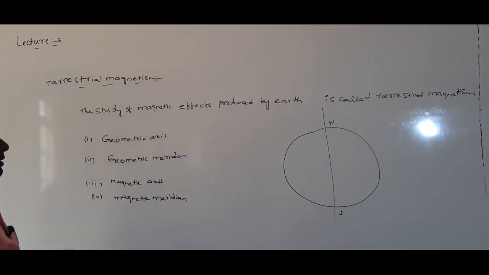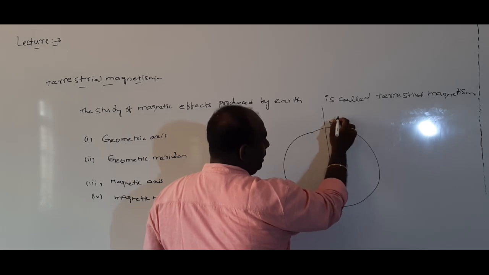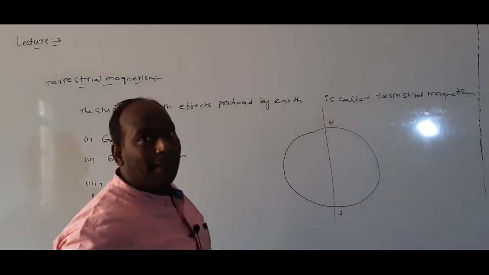These are the things we first want to discuss. What is meant by the axis? A line passing through the North Pole and South Pole.